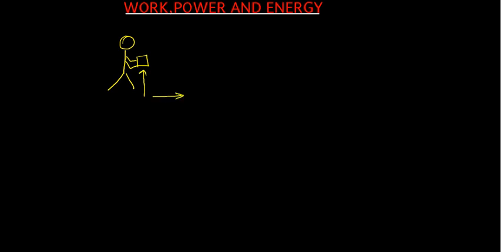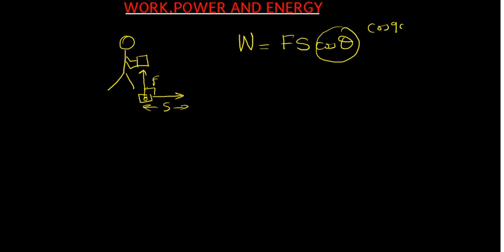Notice that the force is working upward, like you used force to lift something from the floor up to the top, but you are moving forward. That means the displacement is going forward. So work is still given by force times displacement times cosine theta. Now the force is going up, but you are moving forward. So the angle there is 90, and cos 90 is 0.